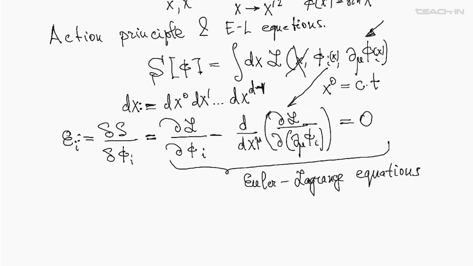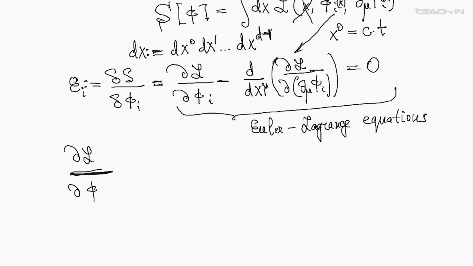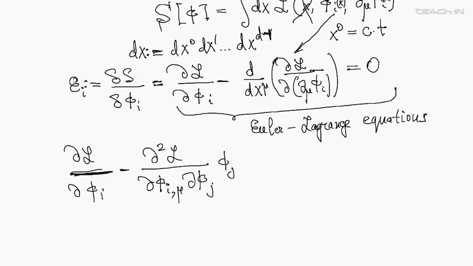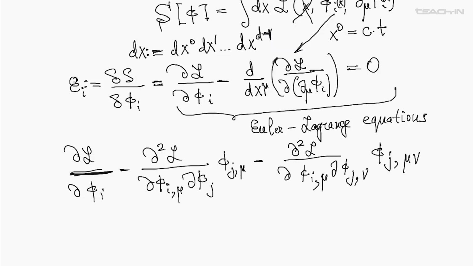So you can write for this Lagrangian derivative epsilon I the following expression. dL over d phi I minus the second derivative of the Lagrangian density with respect to d phi I comma mu, d phi j, times phi j comma mu, minus the second derivative of the Lagrangian density with respect to d phi I comma mu, d phi j comma nu, times phi j comma mu nu. And by definition, phi I comma mu is the derivative of phi I with respect to x mu.